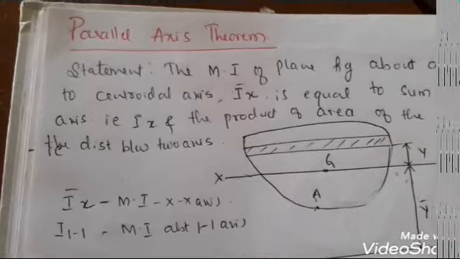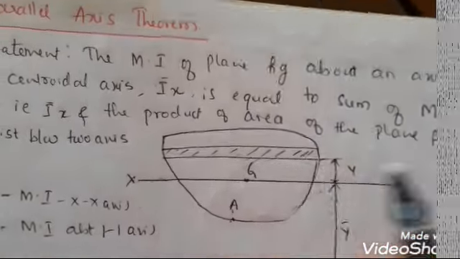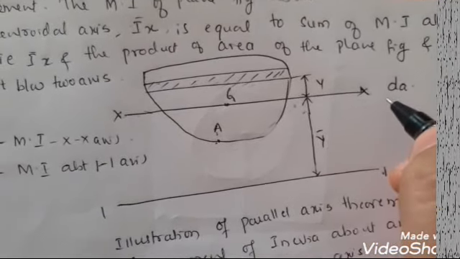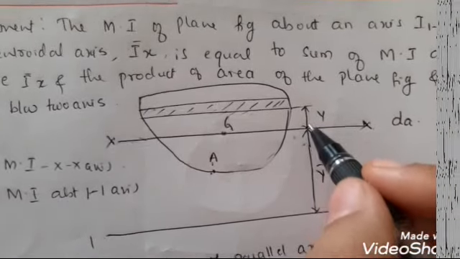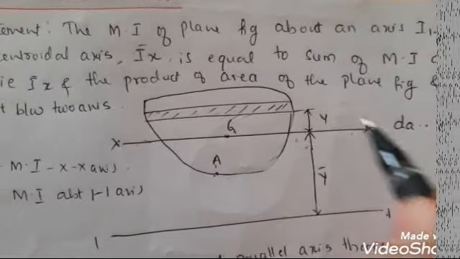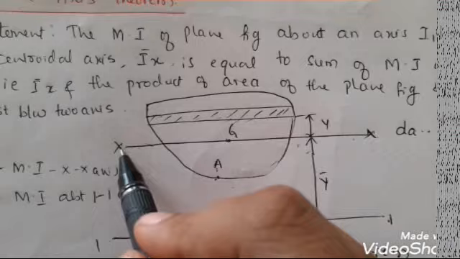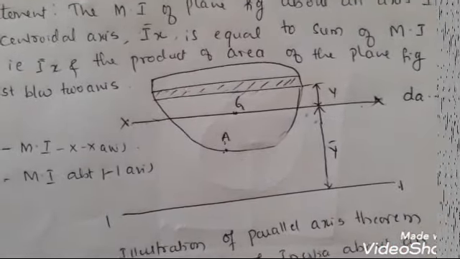Then let us choose an elemental strip of area dA at a distance of y from the centroidal axis. Here x is the centroidal axis and 1 is the reference axis we have taken.